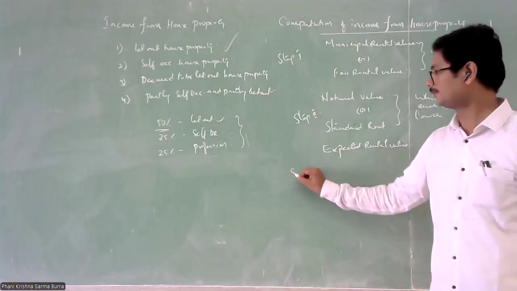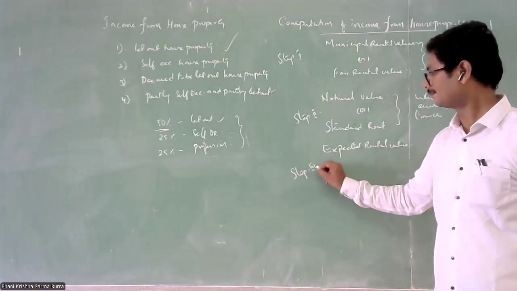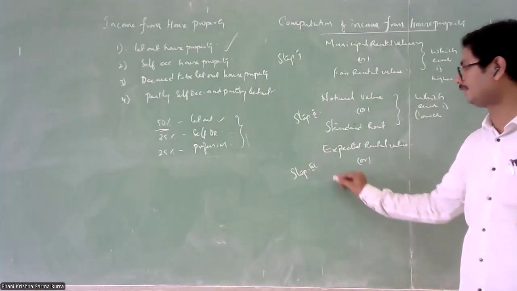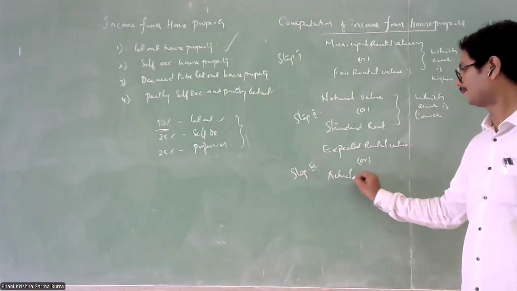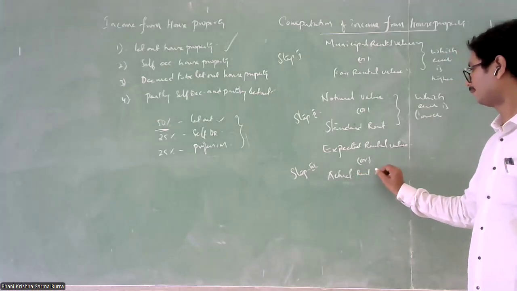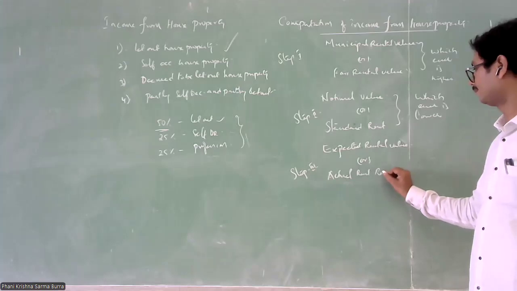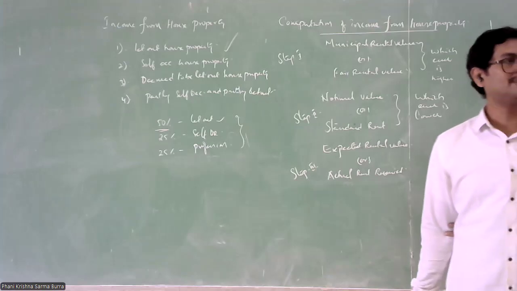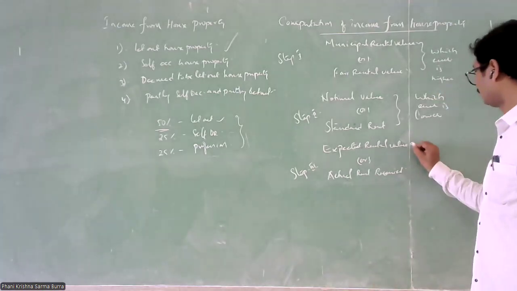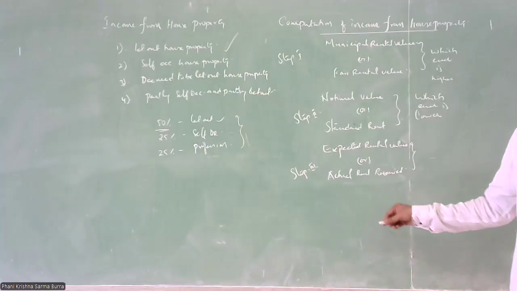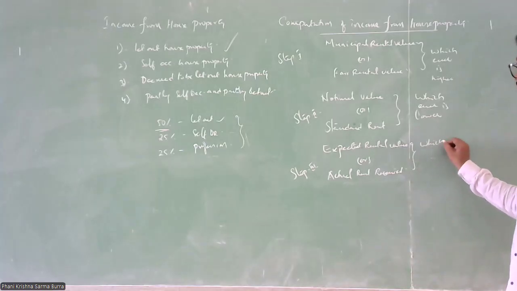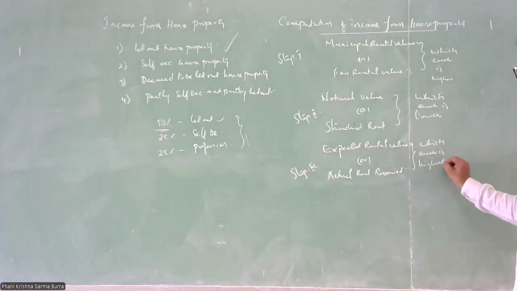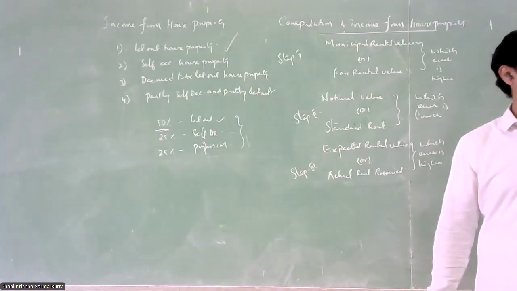The last step, step three: this expected rental value is compared with the actual rent received from the tenant. While comparing these two amounts, whichever is higher.